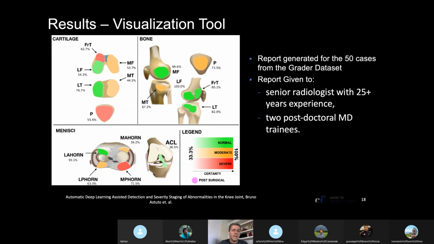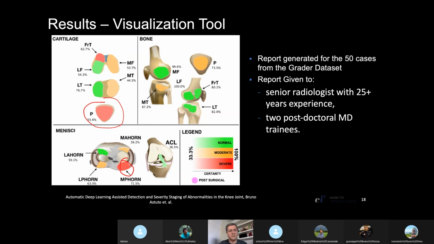So basically, he can look at the patella cartilage here, and it's red, so it's a severe lesion. And the gradient of the red, so it's not a strong red like here on the meniscus. It's a more mild red, so the model is not very sure if it's a lesion.